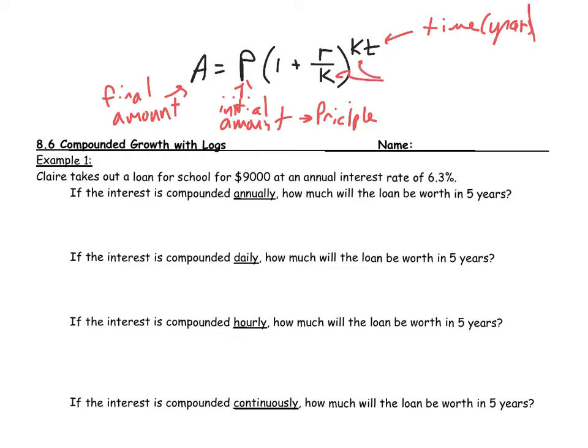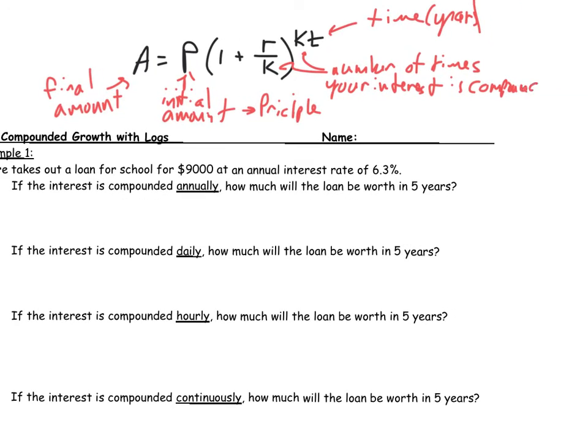Now K, which is in 2 spots, K is the number of times your interest is compounded. So if they say it's compounded monthly, then K would equal 12, because there's 12 months in a year.